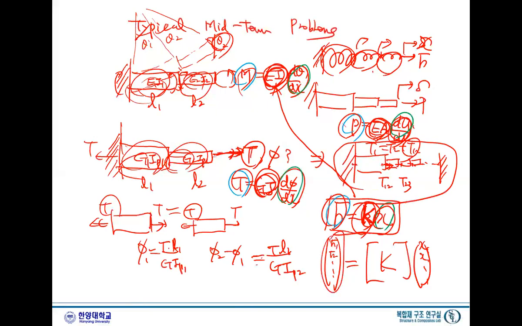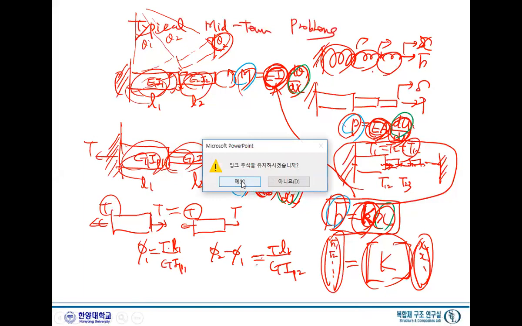And at each point you have a deformation, and all you need is to get K. But anyhow, this is a generalization of structures. Okay, so that's what I'd like to cover today.